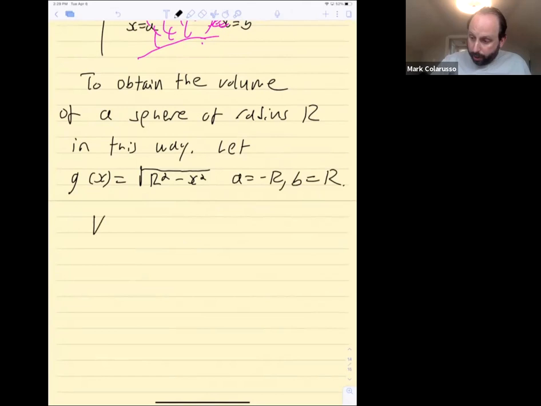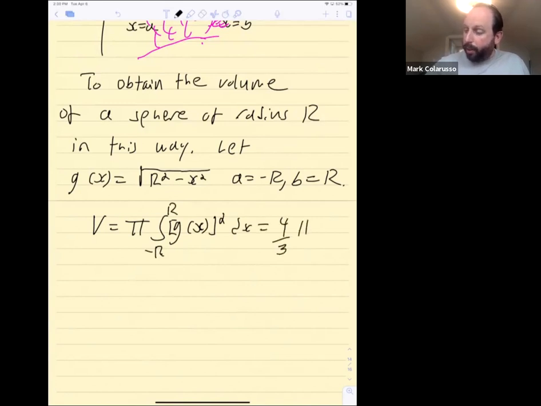And if you do that and compute this integral from minus r to r, I claim that you get exactly 4/3 pi r cubed. But I'll let you do that, or I can do it in a live meeting.